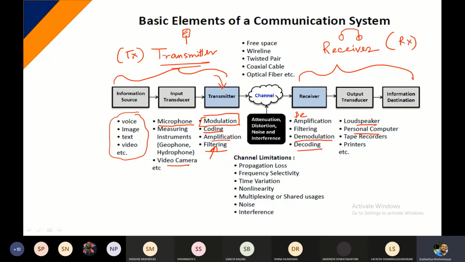Similarly, the last block in this case will be the channel. I told you a little bit about the channel in last day's class, that around 1996, 2000, early 2000, landline telephone was a very common household thing.